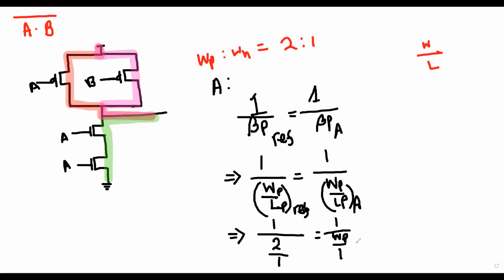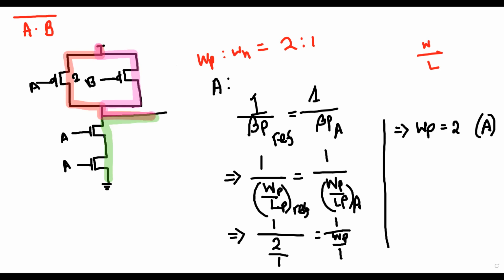If we do the calculation, this is for A, remember, our WP will be 2. So I'm going to write 2 inside the MOSFET.